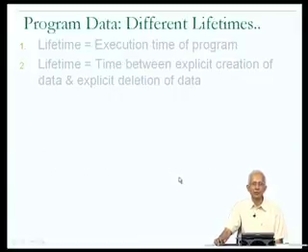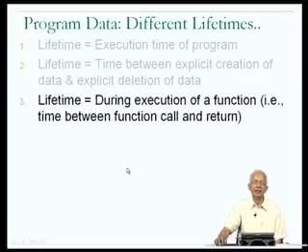Okay, now there is a third possibility which I am going to discuss, and that is the situation where the lifetime of a particular piece of data is during the execution of a particular function. That is, the time between the function call and the function return. I am assuming that you are all familiar with what a function is from your first course on programming. So you know that a function is called at a point in the program called the function call.